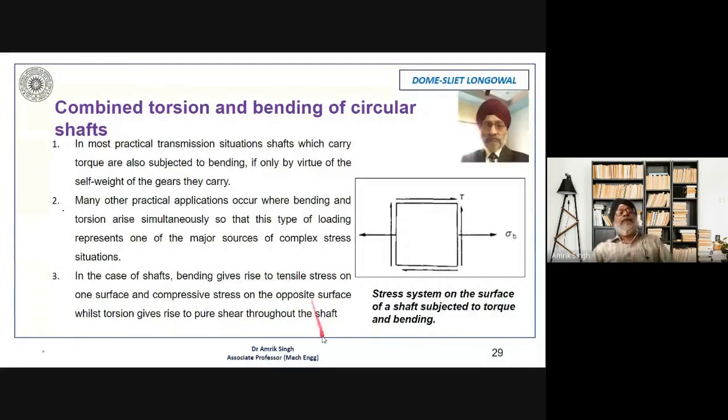Okay, so that means if we consider a stress element on the shaft, it will be having the bending stresses, that is in the form of sigma b, and the shear stresses that are tau. So shear stresses are because of the torsion, and the bending stresses are because of the bending which is developed because of the elements which we are going to mount on the shaft.